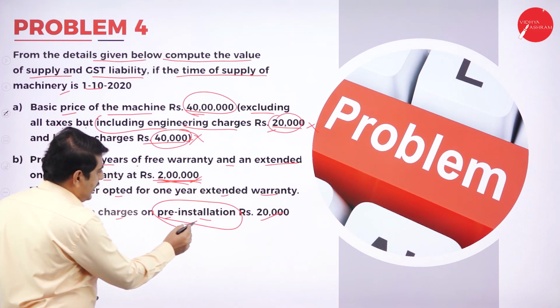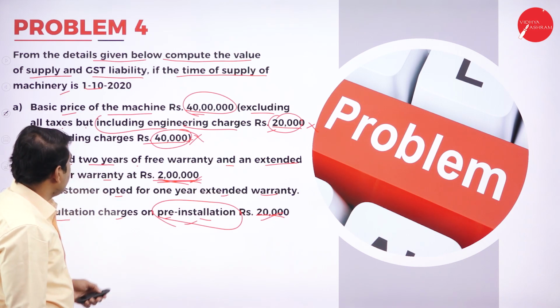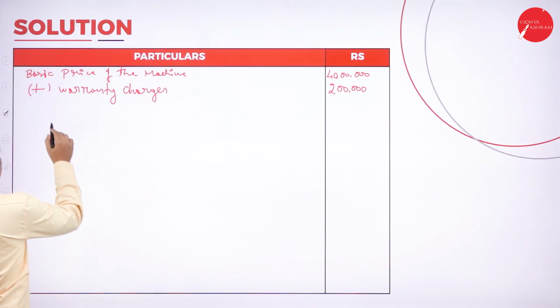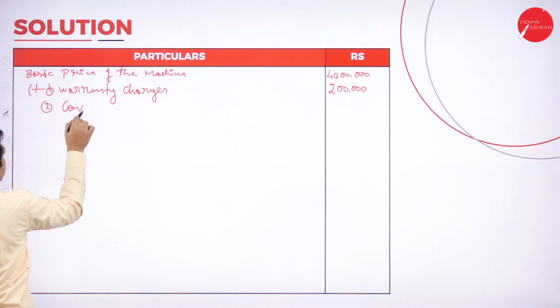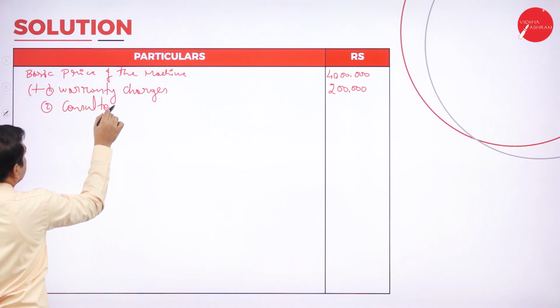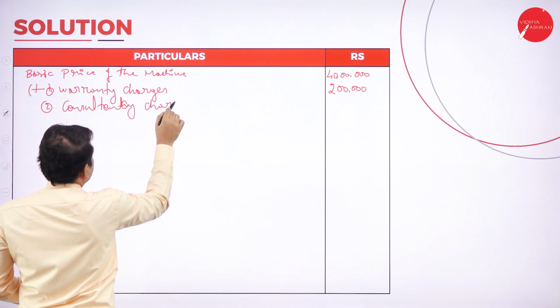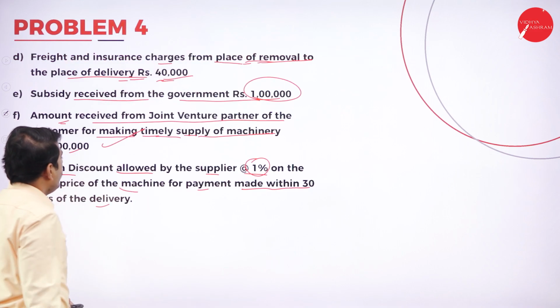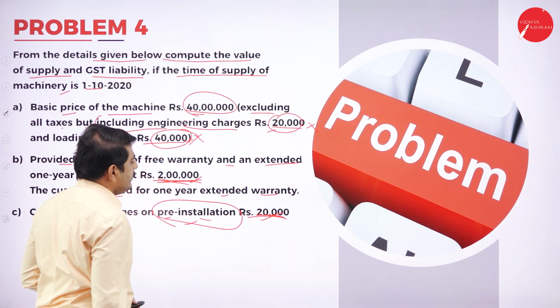Consultation charges pre-installation, rupees 20,000. We should add this item. Next one is the second one, consultancy charges. How much consultancy charges? 20,000.